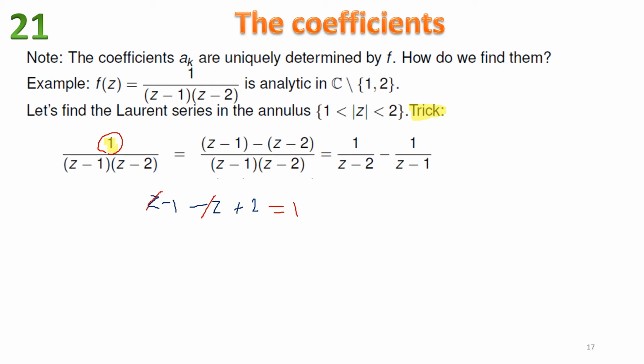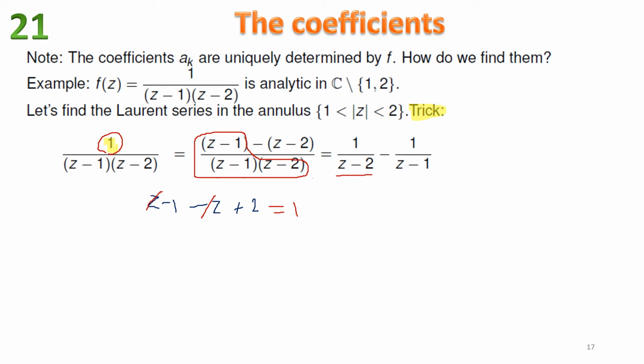Now the first term is like this: (z minus 1) upon (z minus 1) into (z minus 2). So we can eliminate this z minus 1 and we can straightaway write it as 1 upon z minus 2.